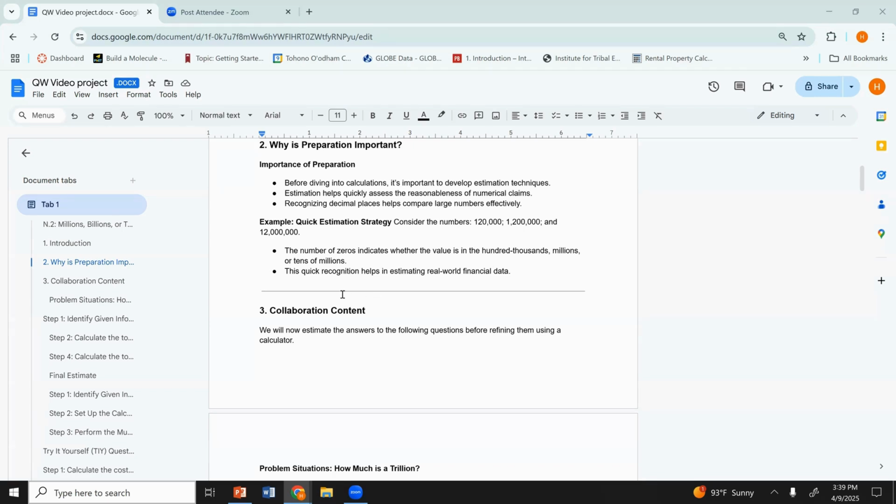So if you can quickly recognize that, you'll be able to attach a value to that big number, whether it's a billion or a trillion or 100,000. And this is important if you're analyzing financial data, population data, because they are big numbers. So figuring out the number of zeros will help you to figure out where that large number lies. Is it in thousands or millions or billions or trillions?